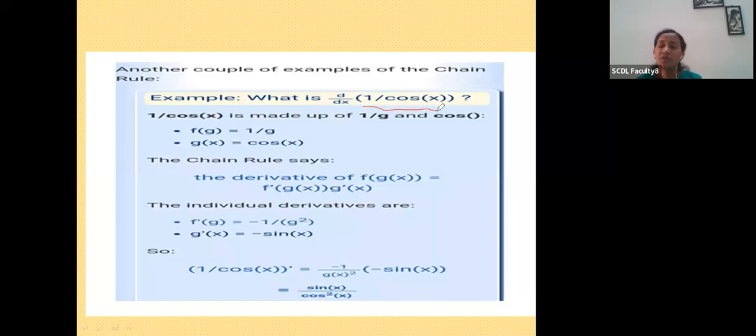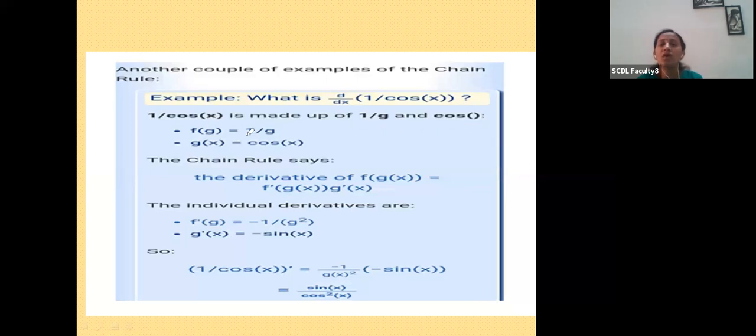What is d by dx of 1 upon cos x? So now here 1 upon cos x means we can say like this. Here we have to use the inverse rule also. Okay, or we can use the ratio rule also, the quotient rule. Now, first of all, 1 upon cos x is made up of 1 upon g and cos x.